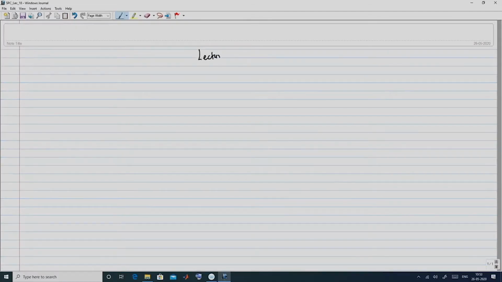So, accordingly we start this lecture with the new safety first criteria, that is known as Kataoka's safety first criteria.